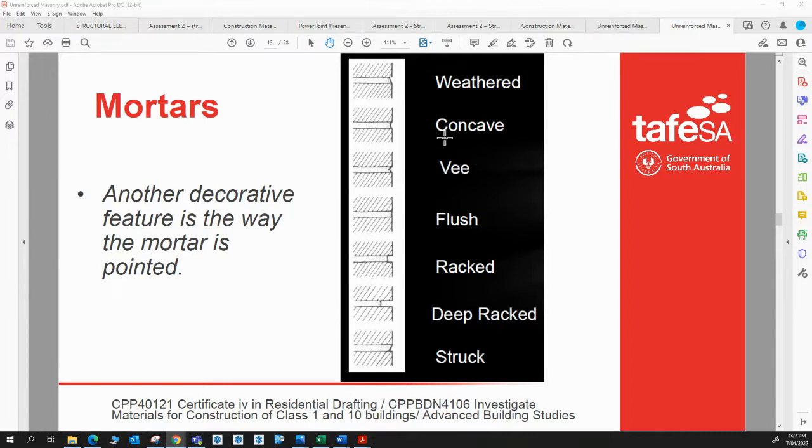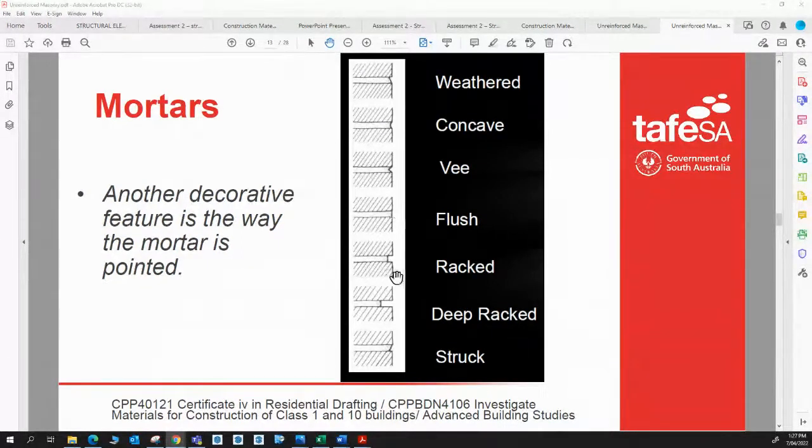But there are all sorts of different pointing approaches that you can take. So things like concave, that's something we see a lot for your standard brickwork, and also this simple raked joint as well. So both the raked, concave, and then flush to an extent. So flush is, I guess, a modern architectural approach.